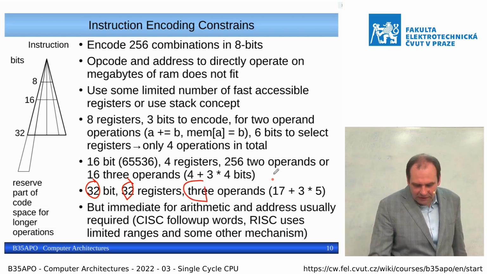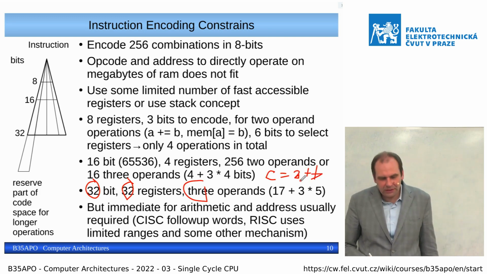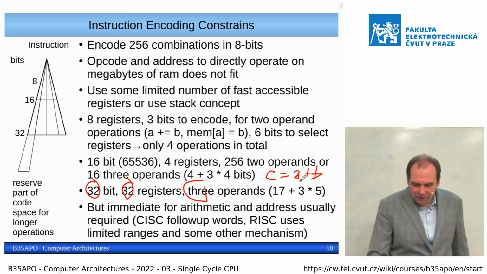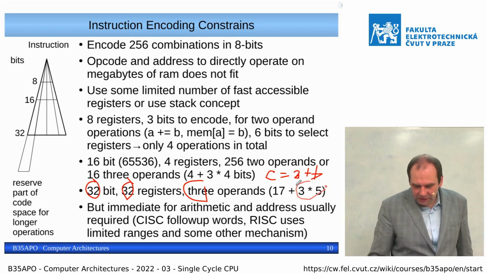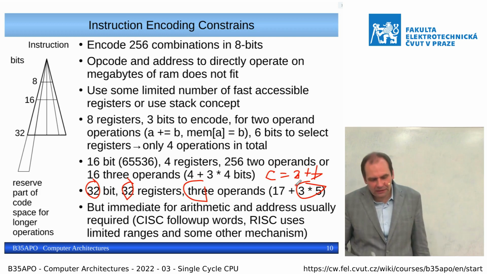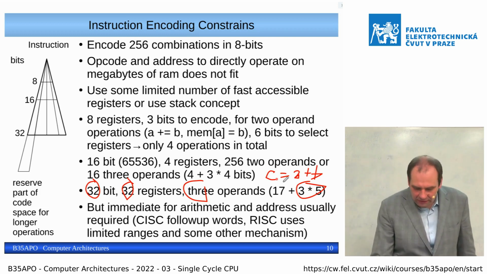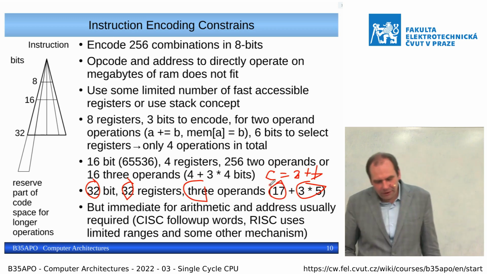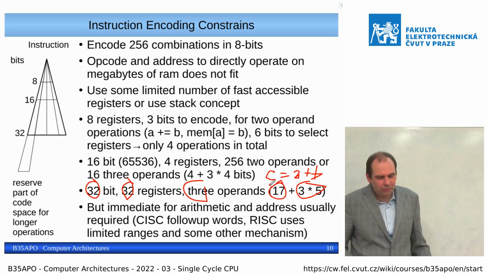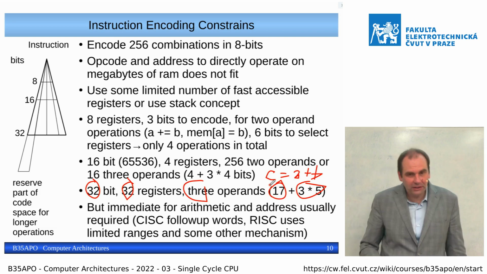So basically we can say that C is equal to A plus B, so we can use 3 registers. So in this case we have 15 bits reserved to store the 3 operands, and then 17 bits which gives a reasonable amount of operations.